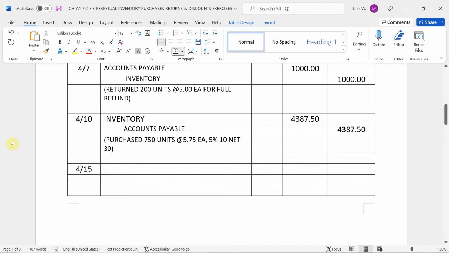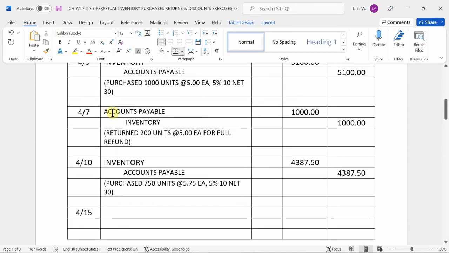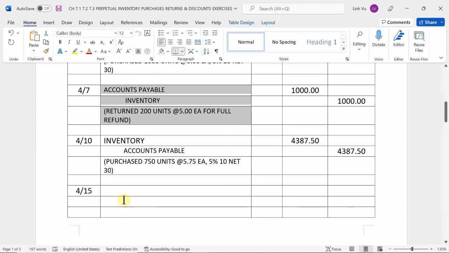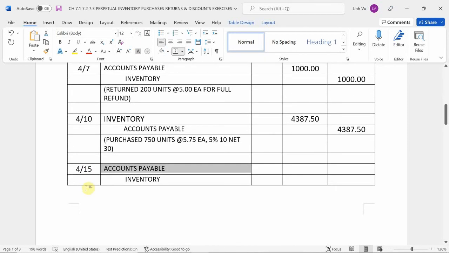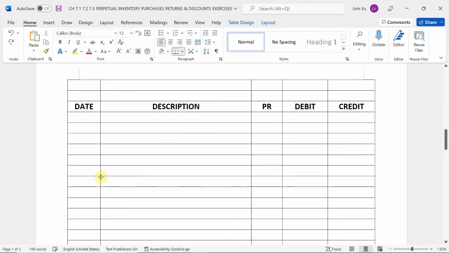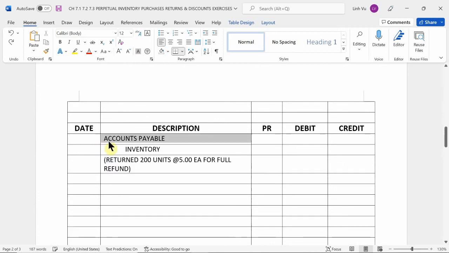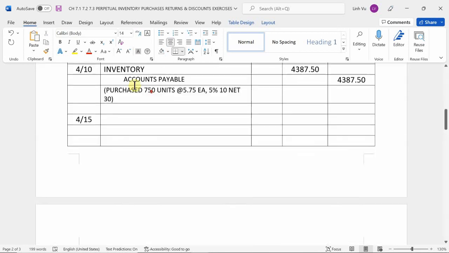So we're going to do accounts payable and inventory. We're going to credit. I'm just going to go ahead and put it on the second page over here. Okay. April 15.